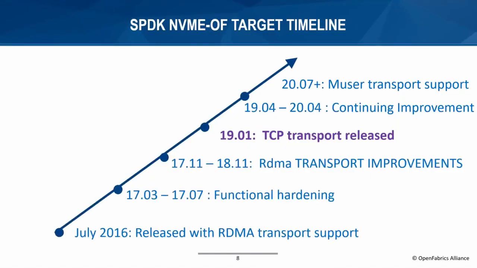This page shows the SPDK NVMe over Fabrics target timeline. We released our first NVMe over Fabrics target in 2016 with the spec release of NVMe over Fabrics RDMA transport, and in January 2019, we released the TCP transport just after Technical Proposal 8000, which is the TCP transport spec defined by the NVM Express group.